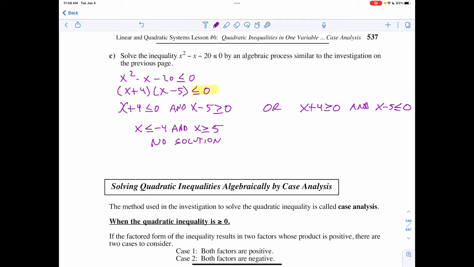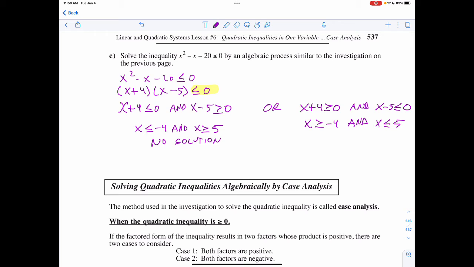But if the x plus 4 was a positive and x minus 5 was the negative, then x would be greater than or equal to negative 4 and less than 5.